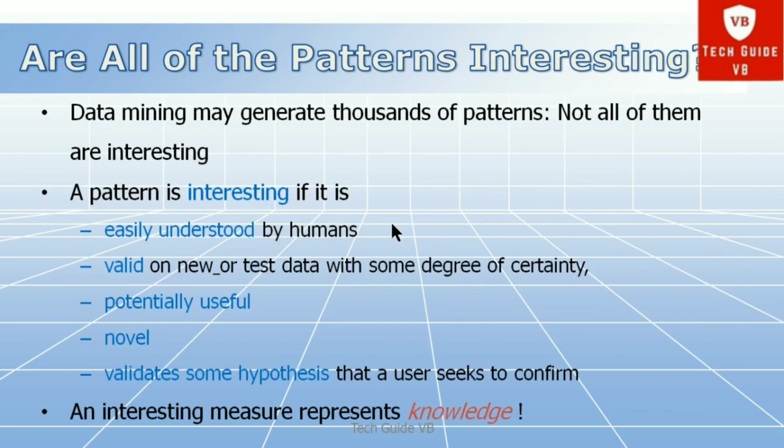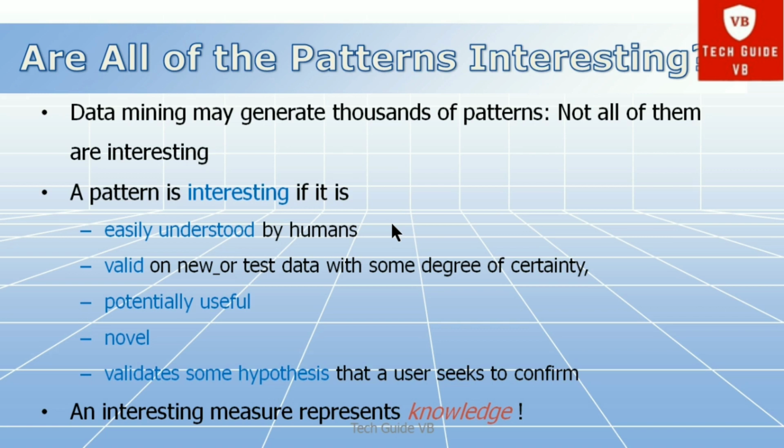We will try to figure out the answer to this last question, that is, are all of the patterns interesting? So I have already told you this is the last part of this session. Data mining may generate thousands of patterns. Okay, so not all of them are interesting, because out of thousands of patterns, hundreds of patterns are interesting, others are not.